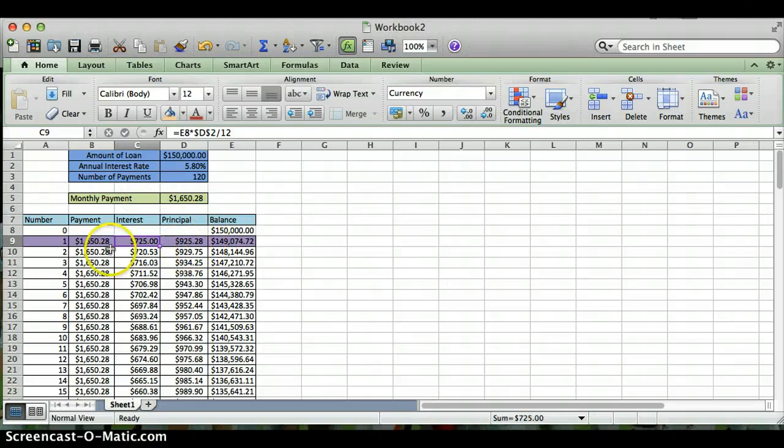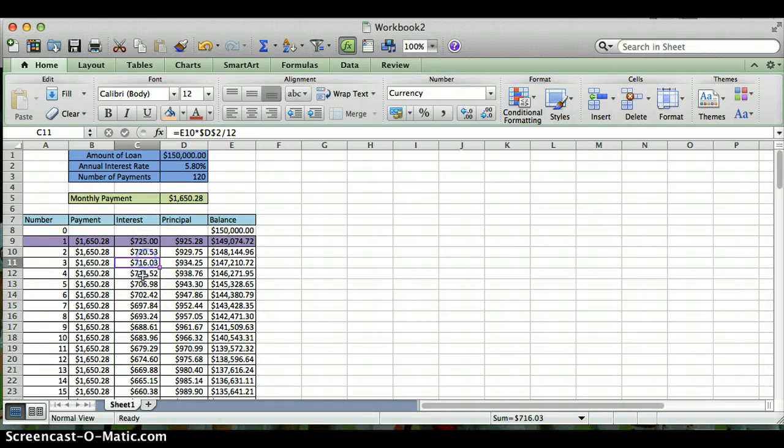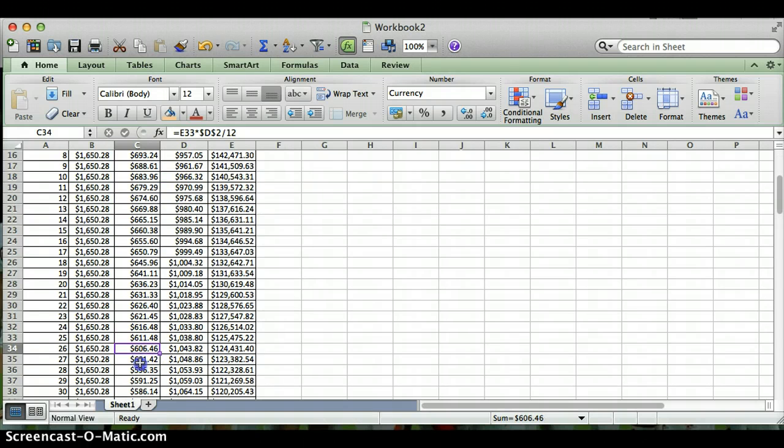So to get your interest, you take the payment and you multiply it by the interest rate. And when you do that, you get this number. So that's for my interest column, and then you divide it by 12. You can see it's also the same formula all the way down.